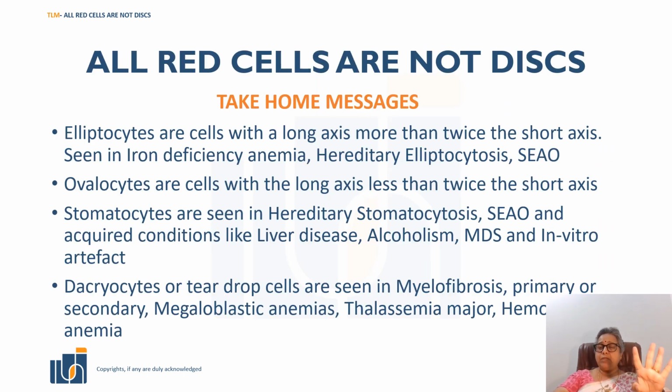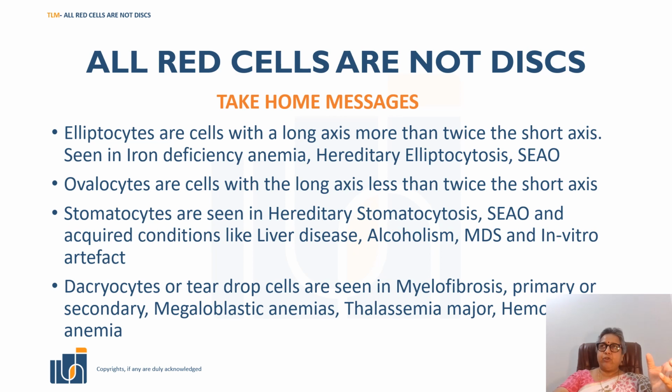So we've done these 4 different poikilocytes, and just to sum up, elliptocytes are cells where the long axis is more than twice the short axis, seen in iron deficiency anemia, hereditary elliptocytosis, Southeast Asian ovalocytosis. Ovalocytes are cells where the long axis is less than twice the short axis.